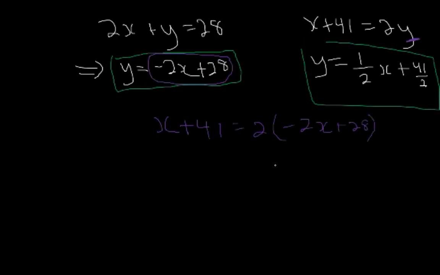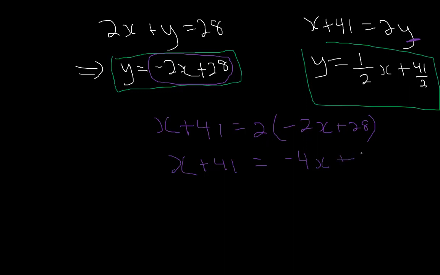And all we have to do now is solve for x. So x plus 41 is equal to, we could expand these brackets, 2 by minus 2x is minus 4x. And then 2 by 28, 2 multiplied by 28 is 56.